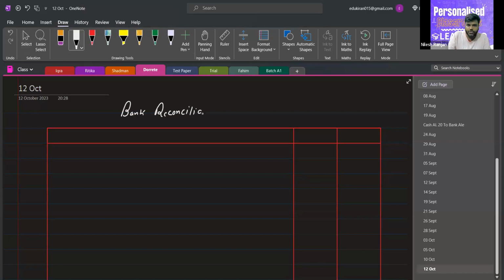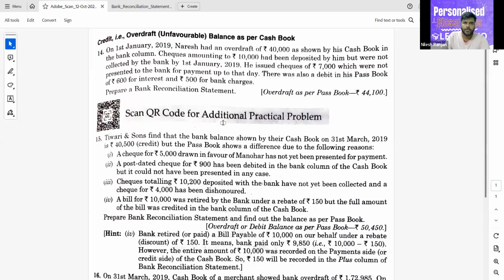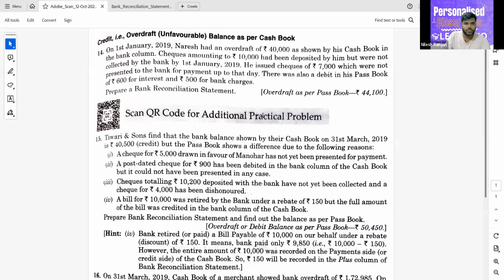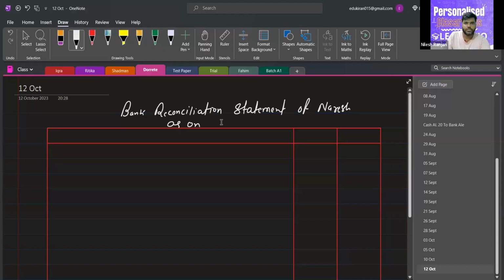Bank reconciliation statement of Naresh as on 31st December.